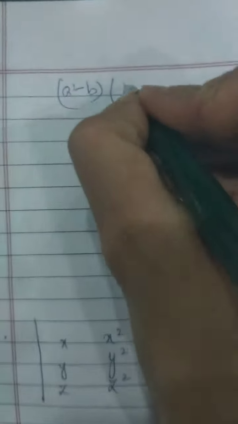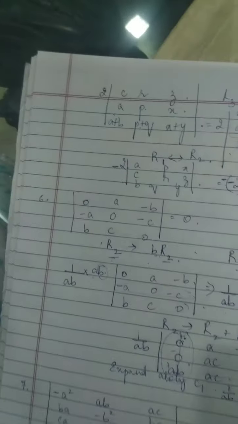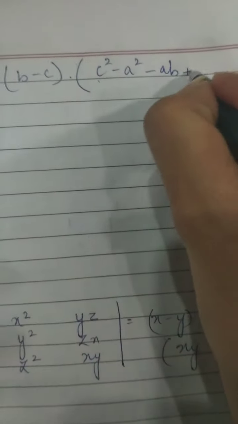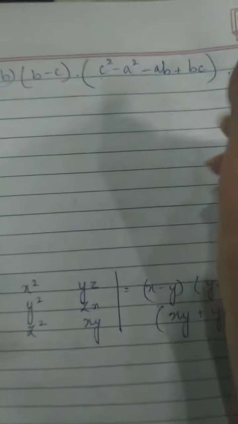So further solving it, we have A minus B, B minus C, and the value written here was C square minus A square minus A. Right.